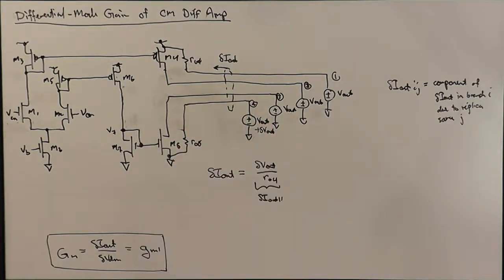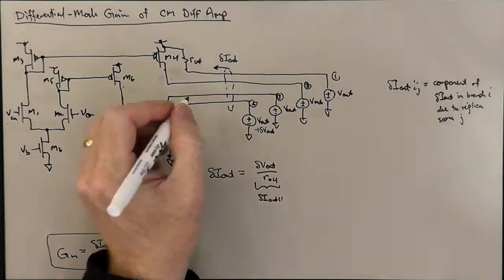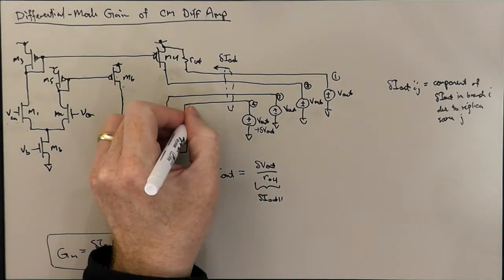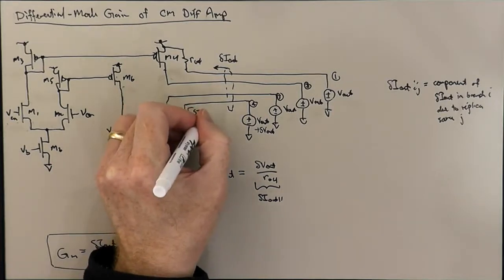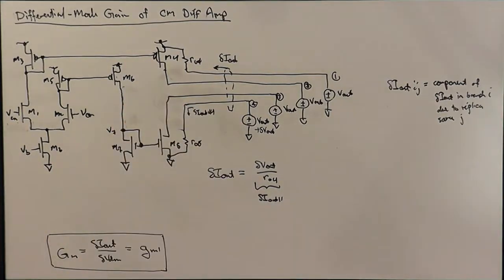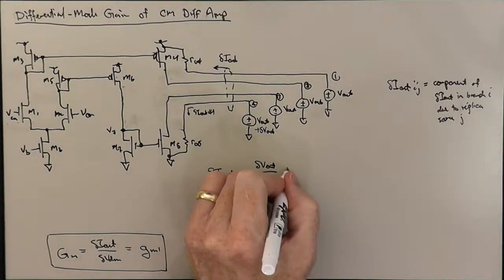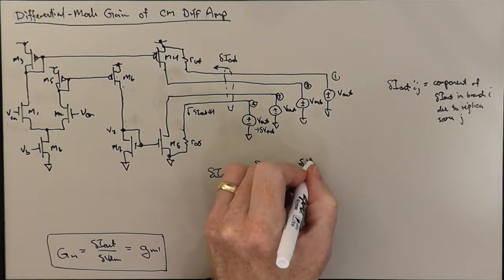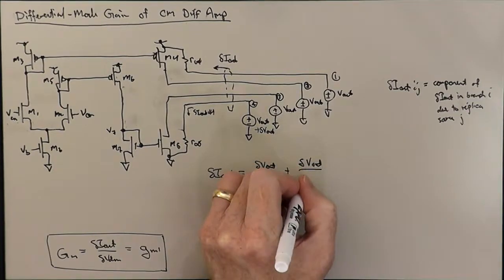We move on to branch 4, and here we're talking to a resistor. And so there is a delta I out 4,4. And just like our delta I out 1,1, that's given by incremental Ohm's law, delta V out over RO8 this time.